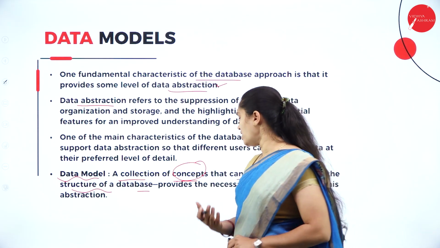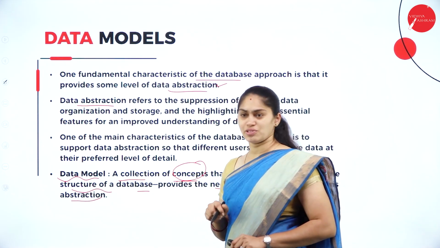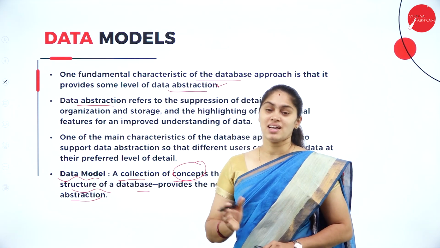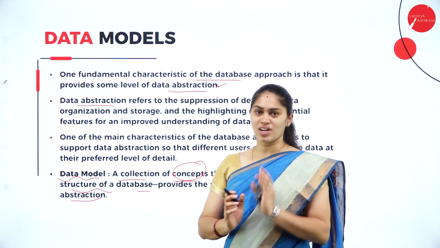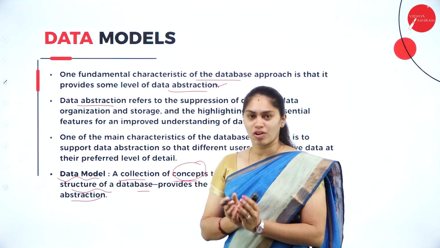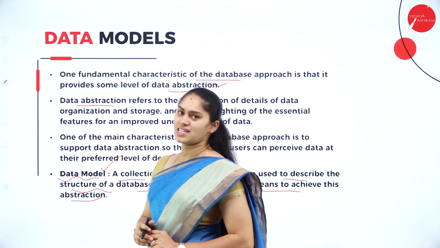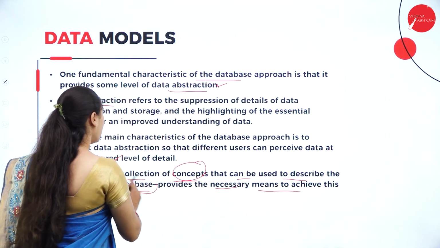In that structure, it will include all the necessary means in order to achieve this abstraction. So abstraction is necessary for a database. By making use of which concept can we enhance the abstraction? We call that collection of concepts as what? Data model. So it is a collection of concepts which will be used in order to describe the structure of a database.